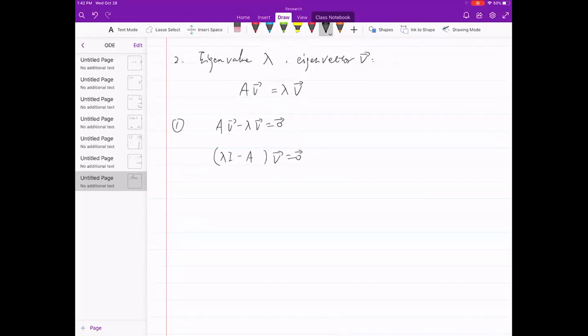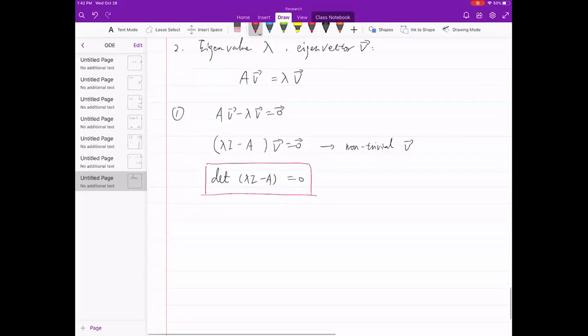This is the homogeneous equation. Usually it only has the trivial solution, and we don't want the trivial solution. We want this one to have a non-trivial v. Therefore, this is how you find lambda. This is called the characteristic polynomial. Let's just call it the characteristic equation.